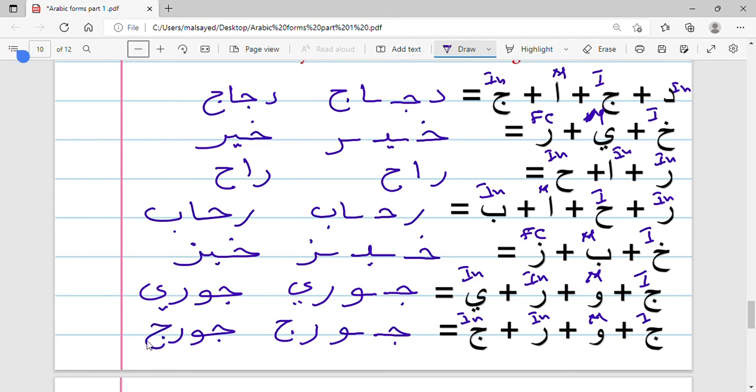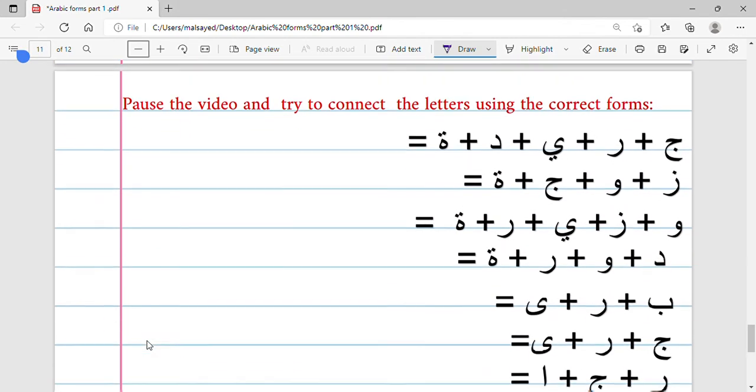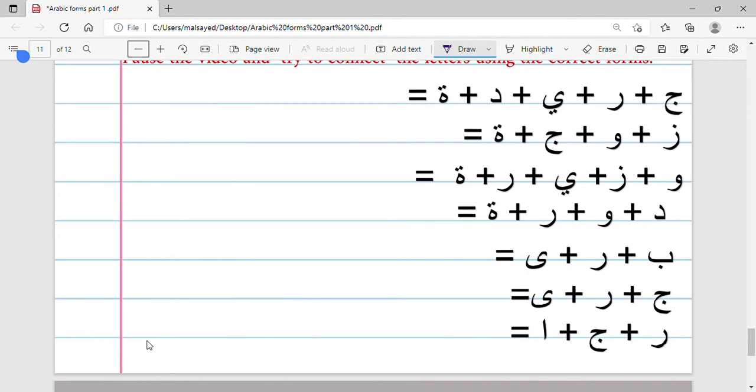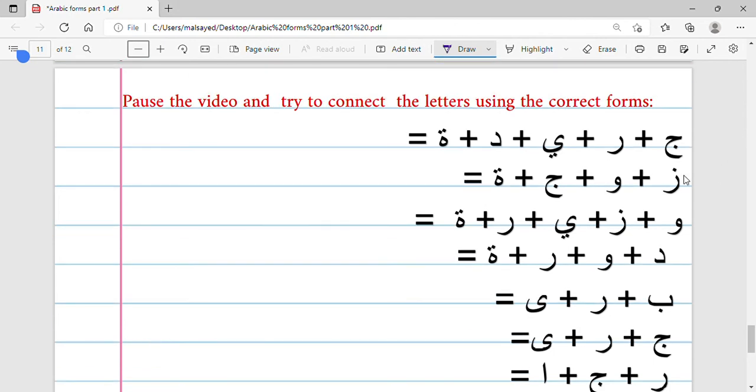Okay, let's do more practice. So here we have the jim as the first letter. You can see now the words have more letters, longer than the previous ones. So we choose the initial of the jim. Between the jim and the ra, the jim makes the decision. Ra connects with before, so middle.